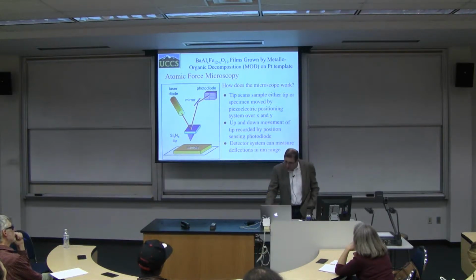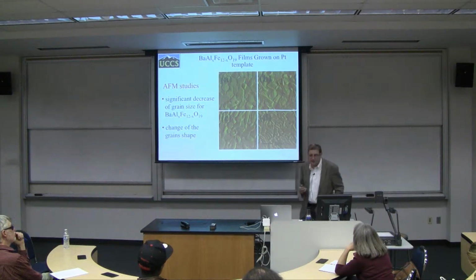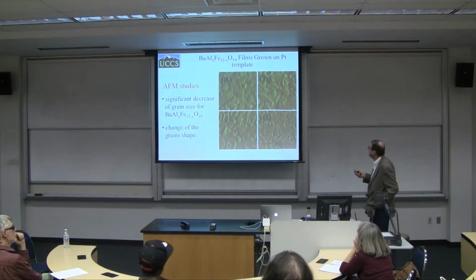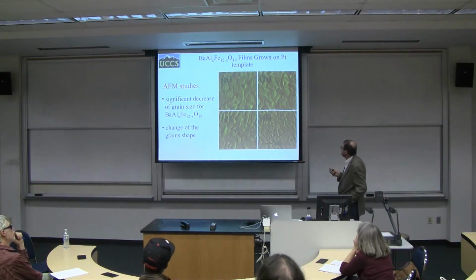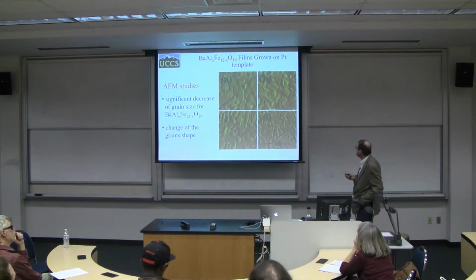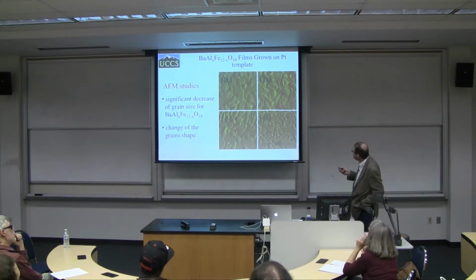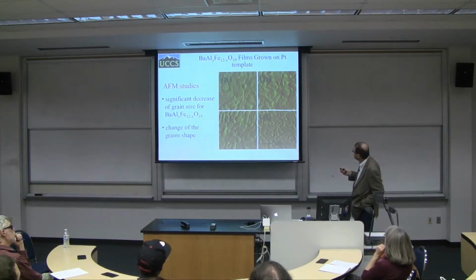morphology. So let me show you an example of the studies which we have done on these aluminum doped hexagonal ferrites, and I have here 4 compositions. Unfortunately I didn't put the composition for each photograph, but this first one is without any aluminum, and you can see very nice hexagonals.